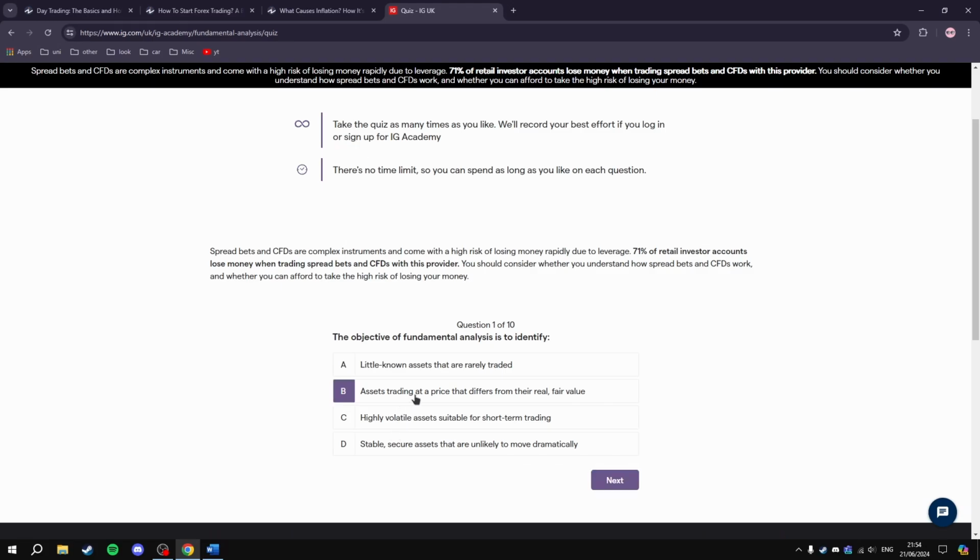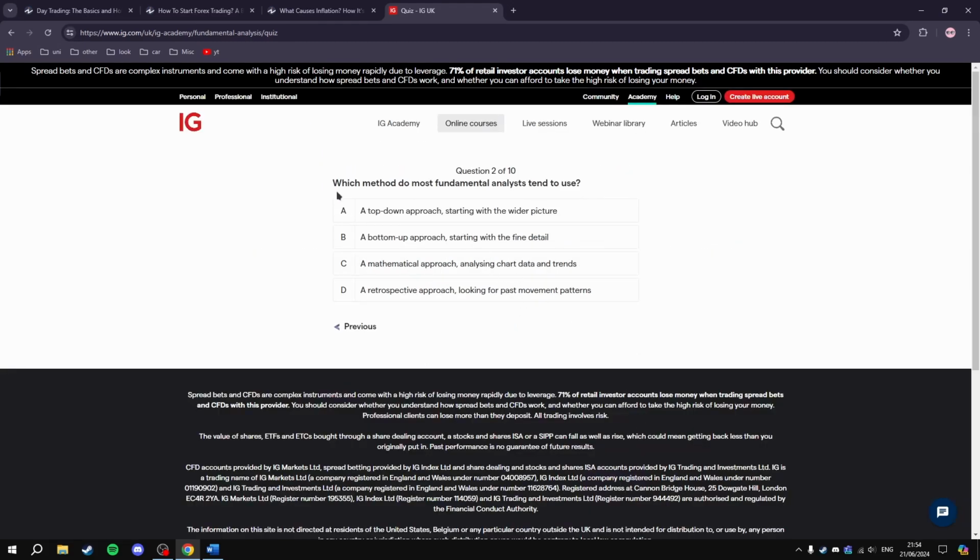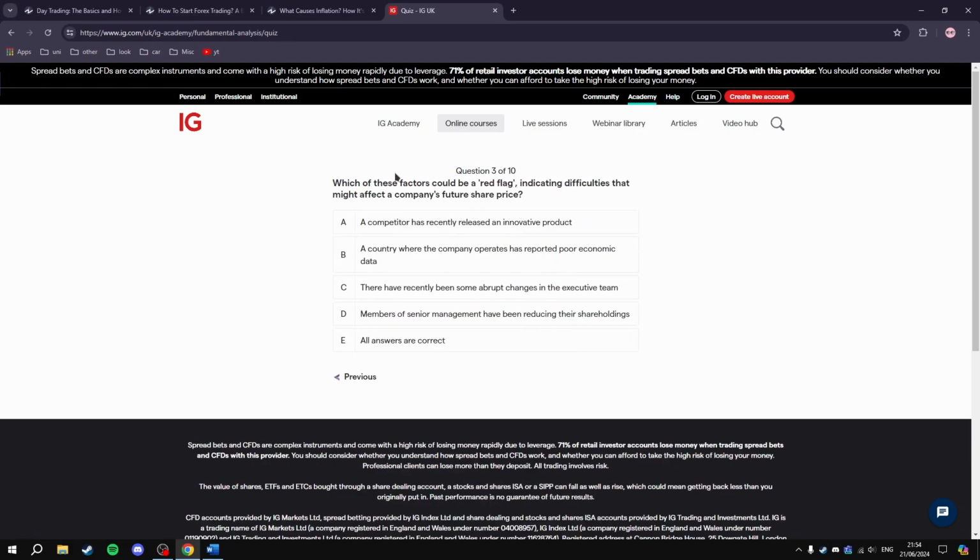I think it's assets trading at a price that differs from their real fair value, whether they're underpriced or overpriced. Which method do most fundamental analysts tend to use? Top-down approach starting with the wider picture? Yes, top-down approach. So from the economy, sector, and then company, I think.